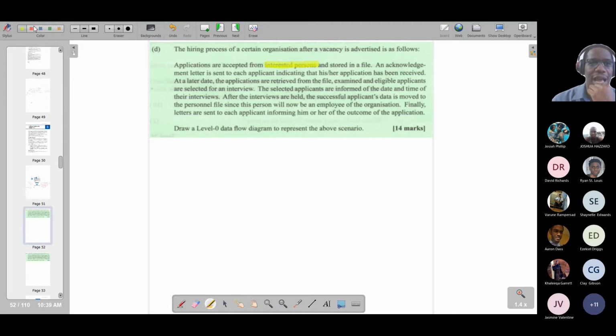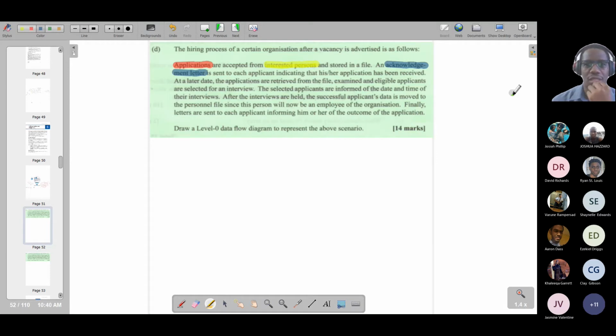Yes. So the application is an input to the system. Is anything else an input to the system? No, I don't think so. So what are some outputs of the system? The outputs are in blue. Acknowledgement. Right. So we have an acknowledgement letter.